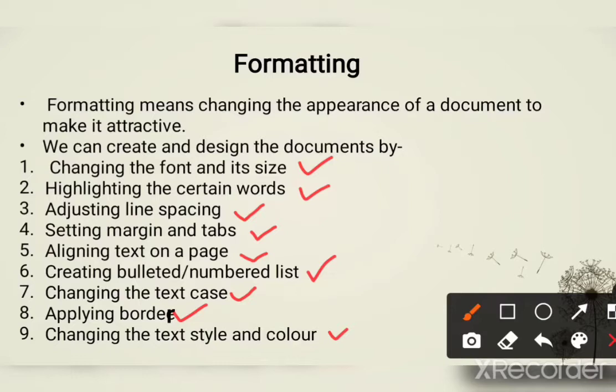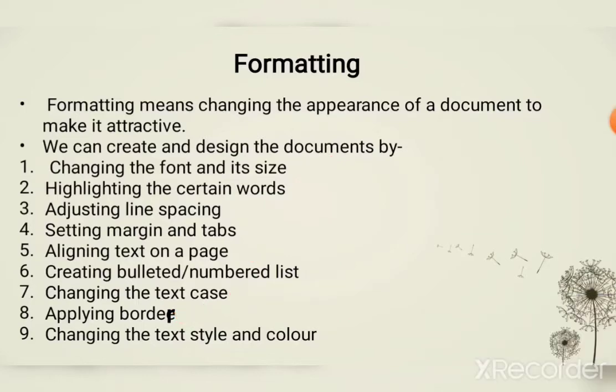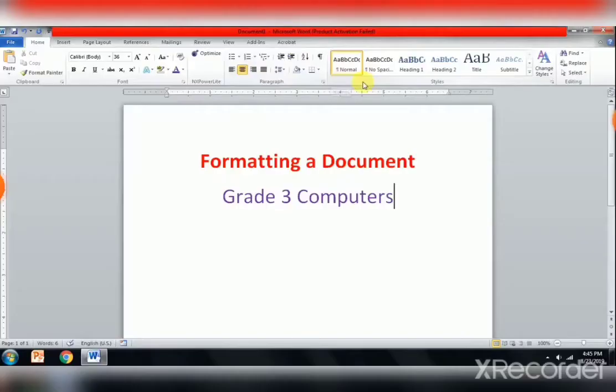Now, we will understand how to change the font type. Students, please see page number 64, bottom topic, that is changing the font type. This is the first topic. The characters of specific size and design used for typing the text are called fonts.